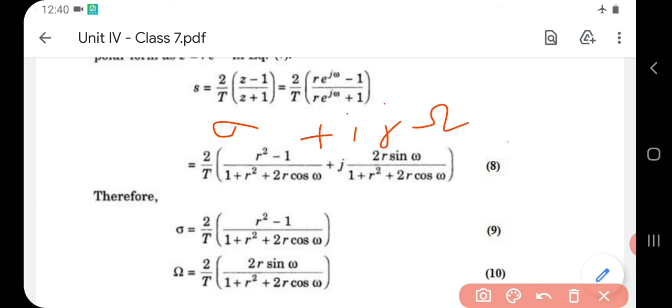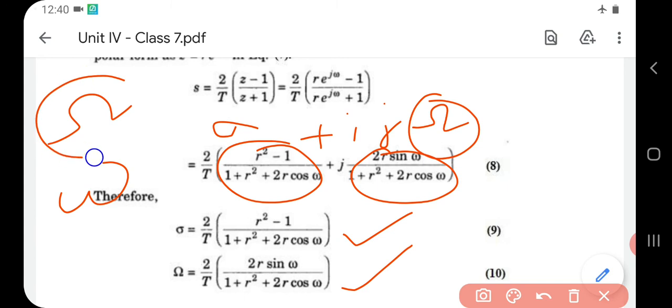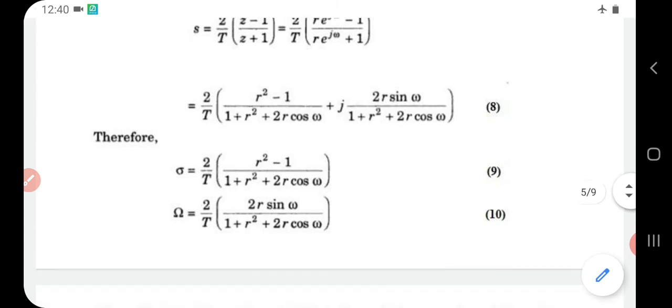Here in place of sigma you have this term, so you write like this. Now in place of omega you have this particular term, so you write this. See, this omega and omega are both angular frequencies. This is the angular frequency in the analog system and this is the angular frequency in the digital system. So this is of the form, and you have written this sigma and omega separately.